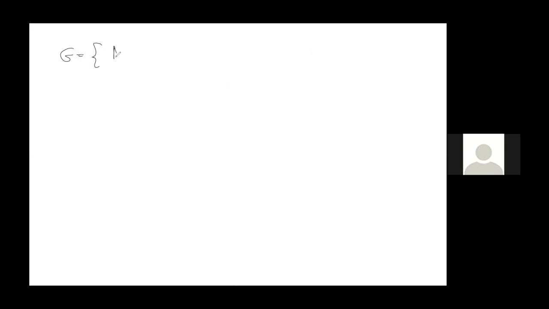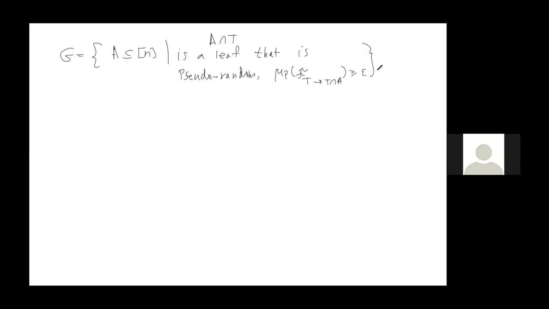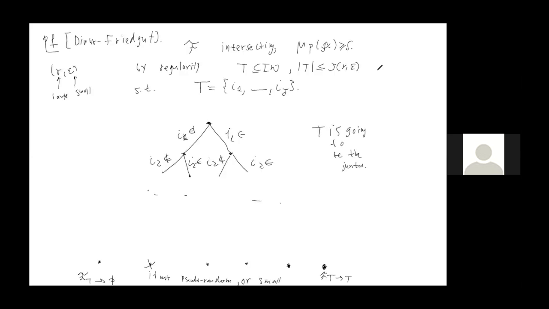G is going to be all of the subsets of n such that, if I look at the junta variables T, this is a leaf that is pseudo-random and not too small in measure. So this will be our junta.